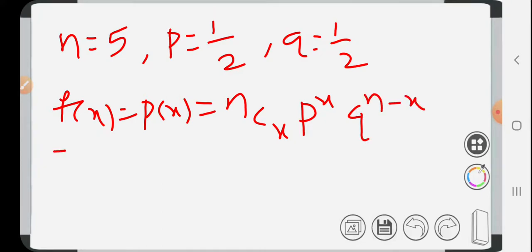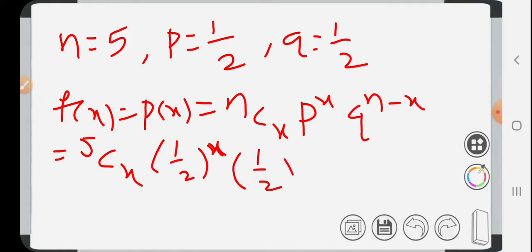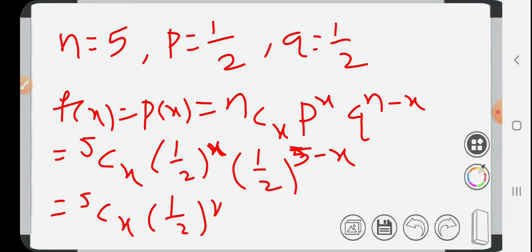Here in terms of n, it is 5Cx, the value of p is 1 by 2, so 1 by 2 raised to x, into, again the value of q is also 1 by 2, so 1 by 2 raised to 5 minus x. Now we can solve easily, or simply you can write this as 5Cx into 1 by 2 raised to x and 5 minus x, so what I get is 1 by 2 raised to only 5. Okay, you may take this one or the above one, no problem.